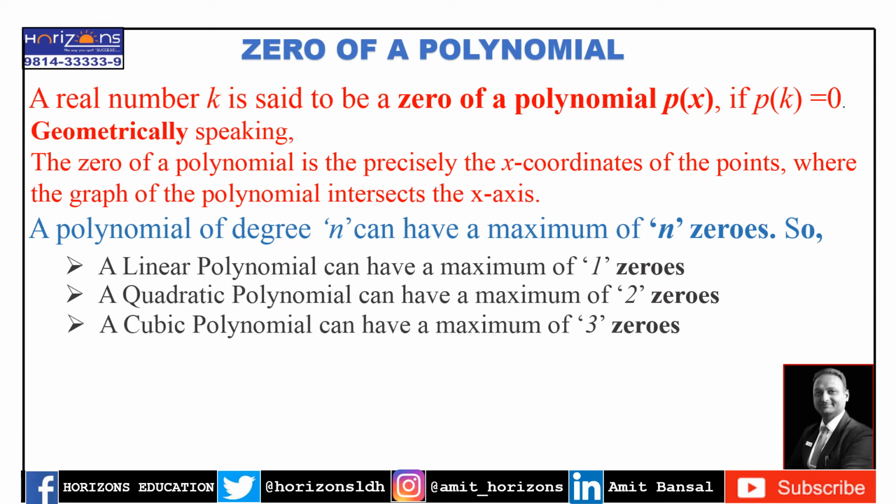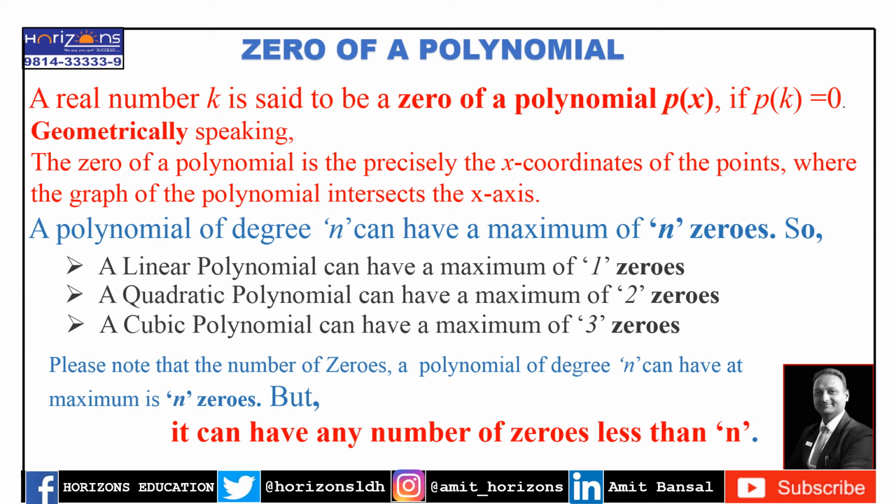A cubic polynomial has a degree of 3. So it can have a maximum of 3 zeros. Right? So you need to again remember that the number of zeros that a polynomial of degree n can have at maximum is n, right?